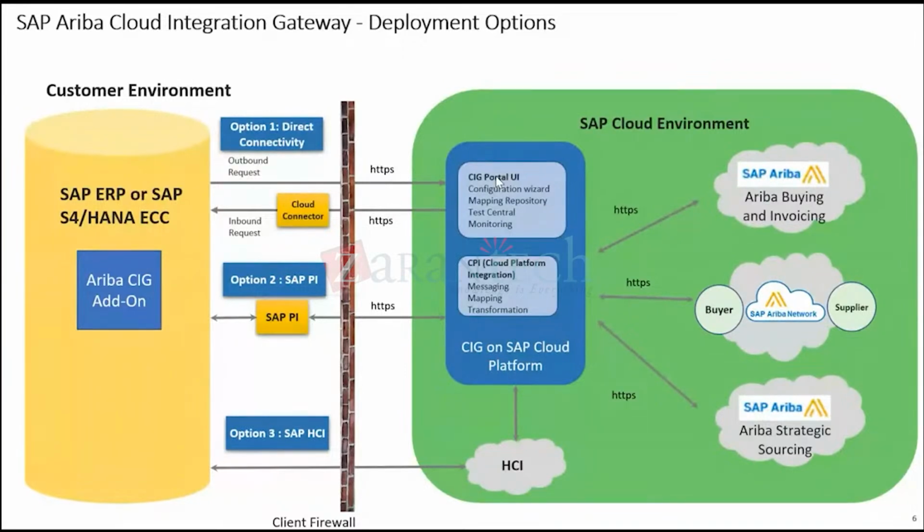When I'm talking about a pass-through scenario, no mapping, no logic, nothing will be written in the PIPO system. It will only act as a middleware that will route the message from ERP to Ariba CIG, and all the logic, mapping and transformation will be done on the CIG side only, and then CIG will route those messages.